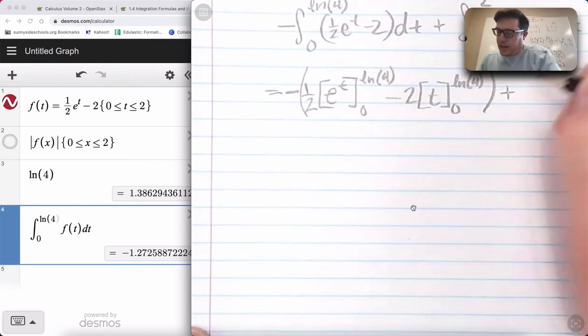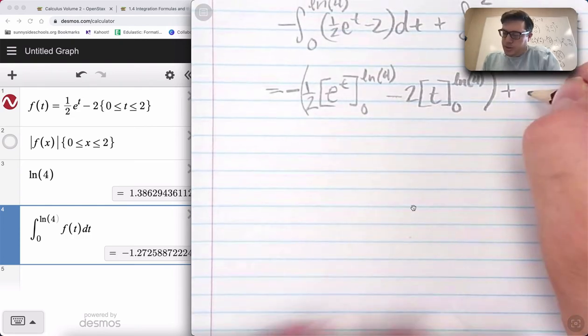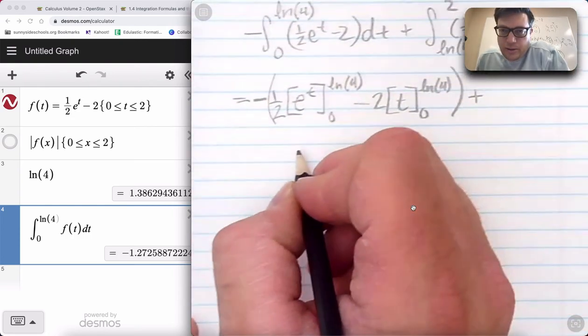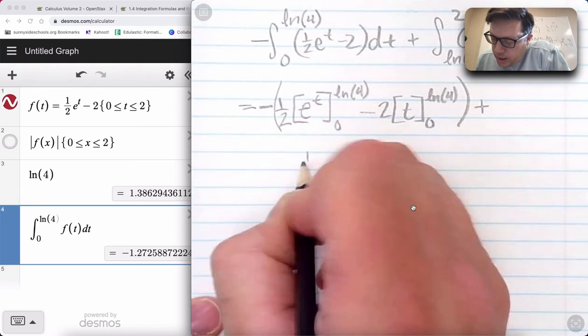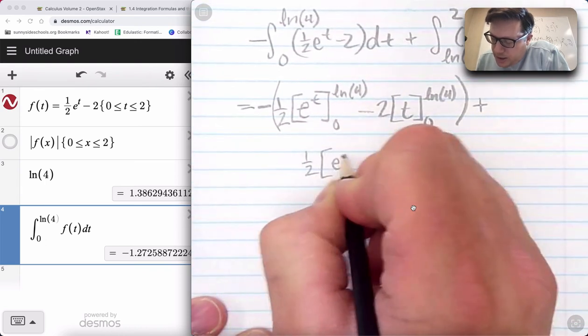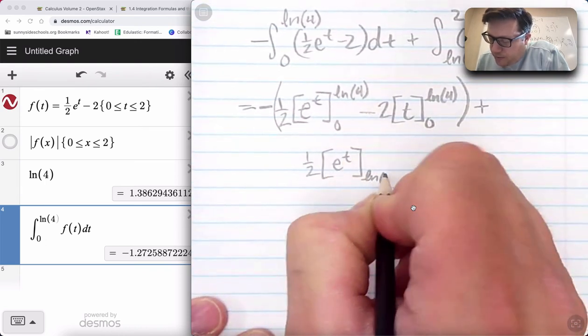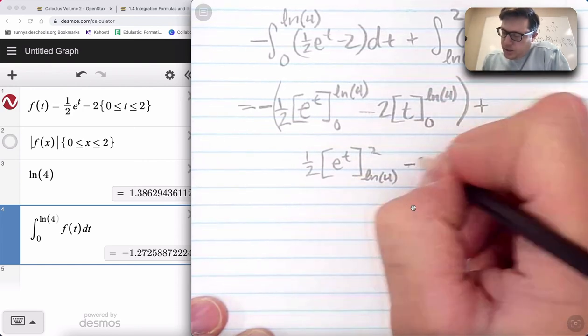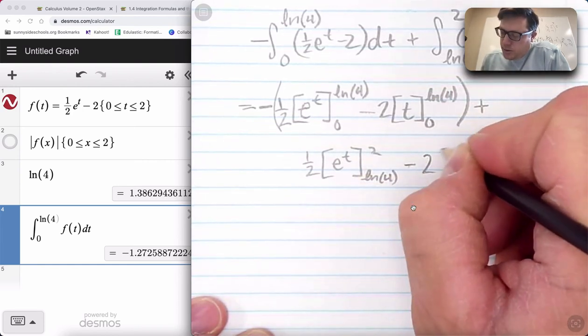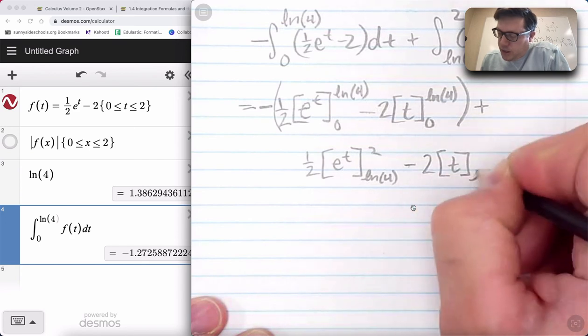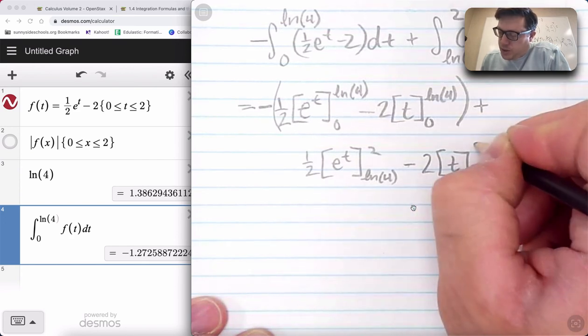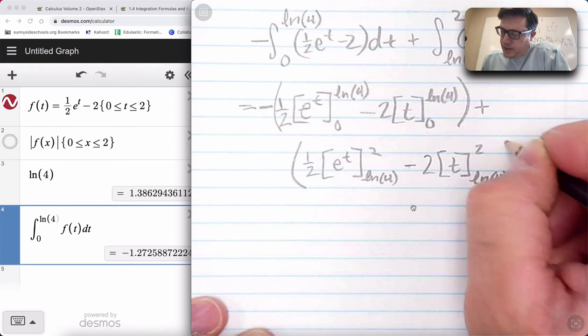Plus, we got to add to that the other one. So here's the same thing. I'm going to kind of run out of some space, so I'm going to try to write right here. 1/2 e to the t from the natural log of 4 to 2 minus 2 of t from the natural log of 4 to 2. And these are added together.